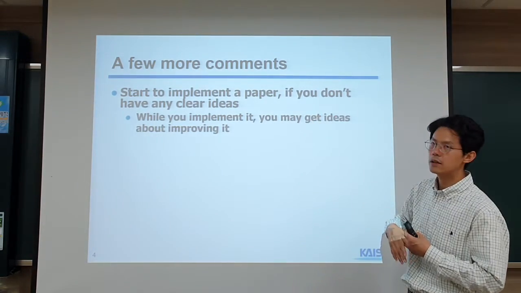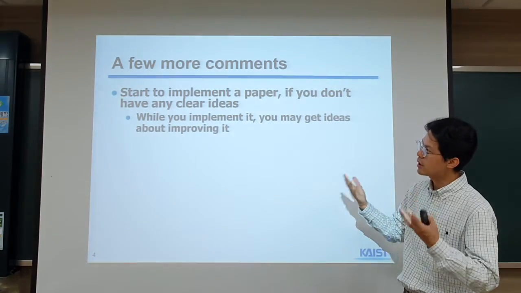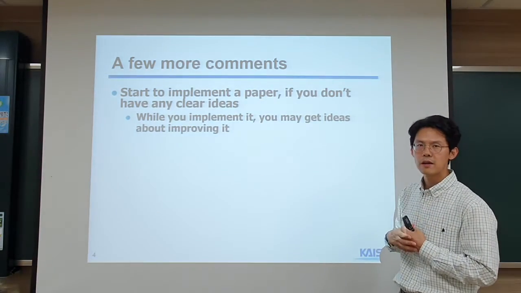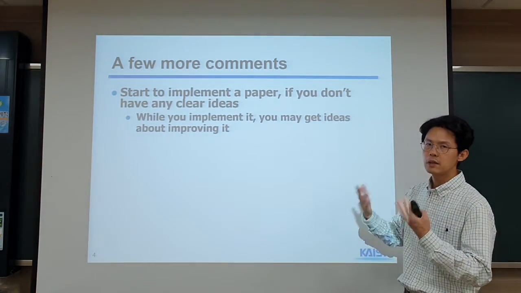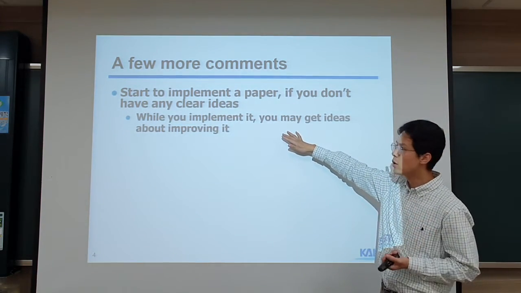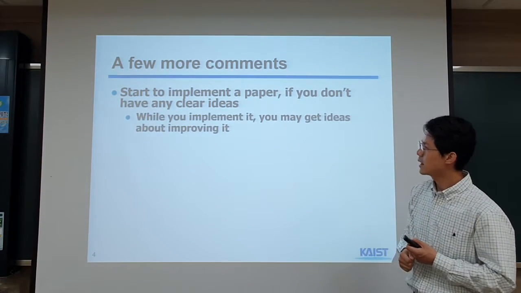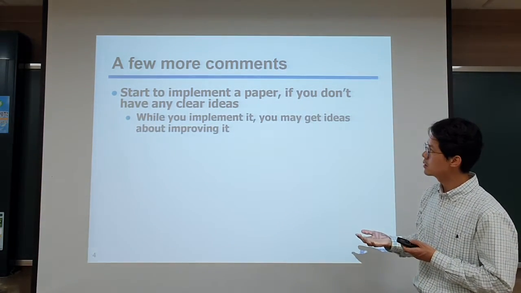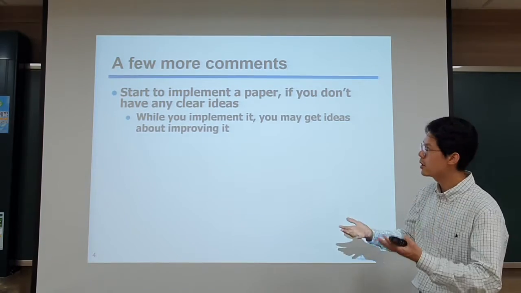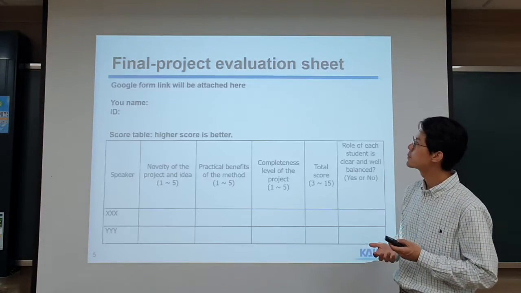Or better, you can find a paper that comes with the source code, right? If you can try it out, then you might have a better idea on how we can improve those techniques. Also, while you try out existing code and implement some of the techniques of the paper, you may get ideas about improving it. So basically do something even though you don't have a clear idea about the techniques.